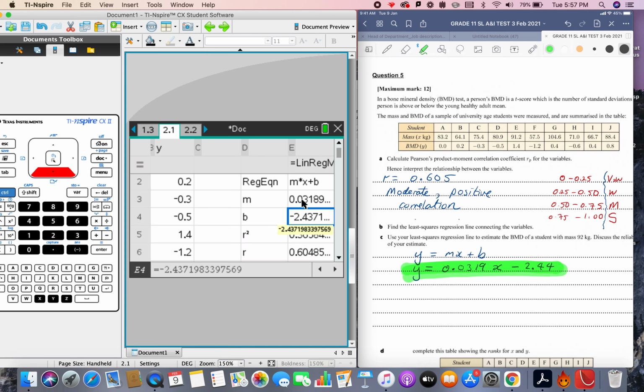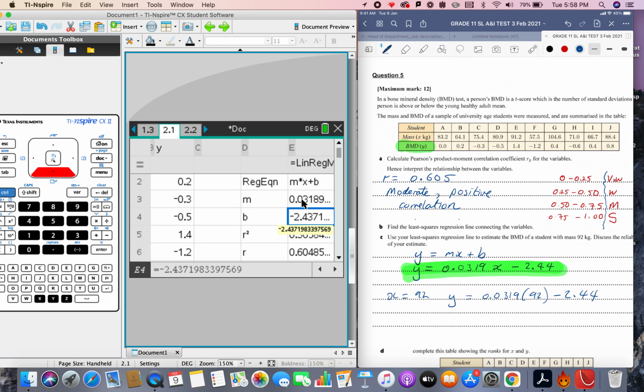Use your least squares regression to estimate BMD. Remember, BMD is Y, when we have a mass of 92. So we are going to use this: when x equals 92, y equals 0.0319 times 92 minus 2.44.